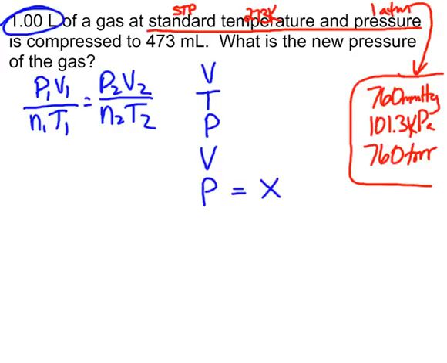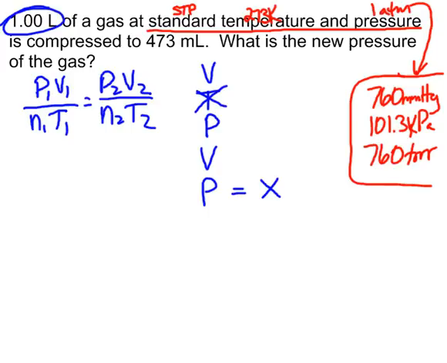So now let's read the problem and find out what it is asking me. It's saying if I have 1 liter of gas at standard temperature and pressure that is compressed to 473, so I'm taking some gas and compressing it, what's my new pressure? If you see that I didn't change the temperature, there must not be a need to have temperature in this problem.